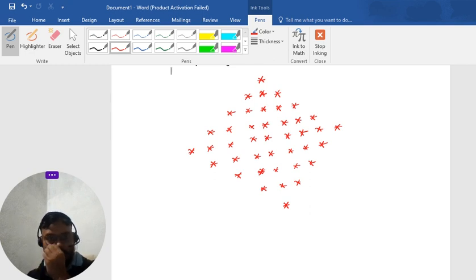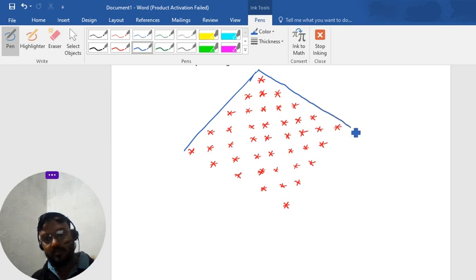If this is the pattern, how do we write the code? If you see, this pattern will be something like this, right?